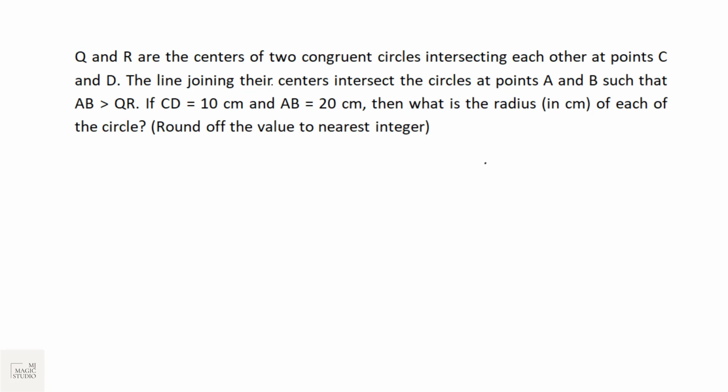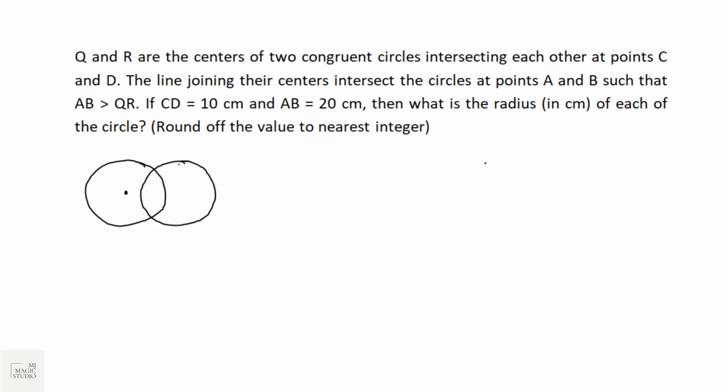Q and R are the centers of two congruent circles intersecting each other at points C and D. The line joining the centers intersects the circle at points A and B such that AB is greater than QR. Okay, so we have one circle, center Q, and a congruent circle means the radius of both circles is the same.